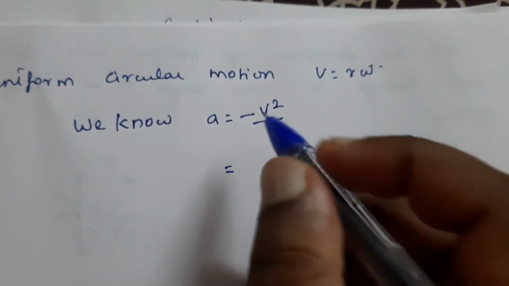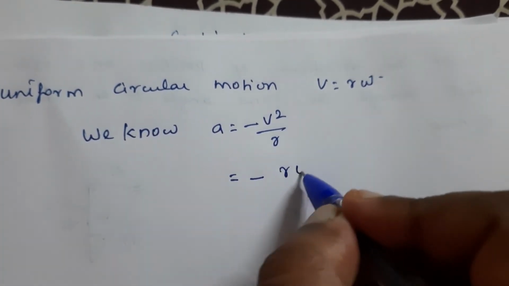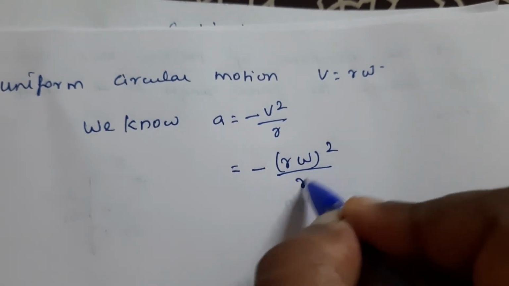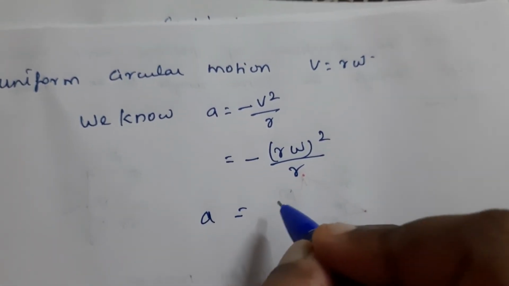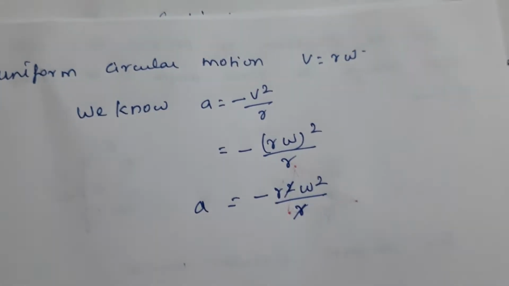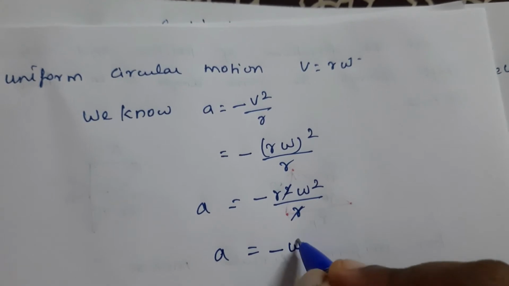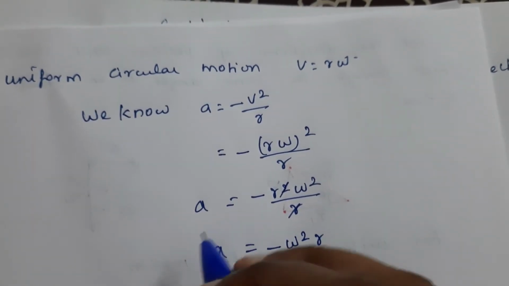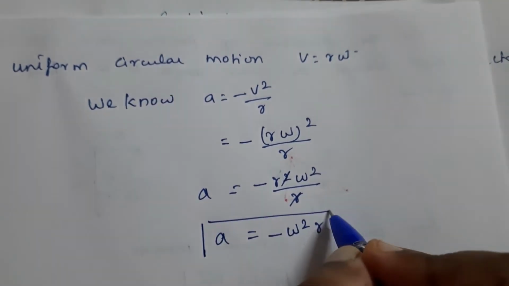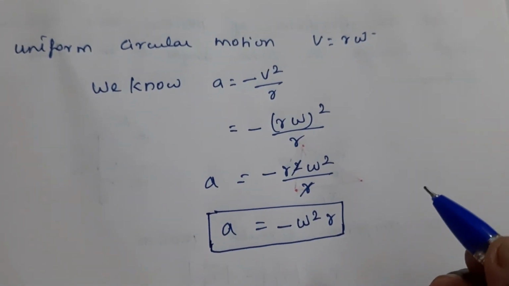Substituting for v as r omega, a is equal to minus r square omega square by r. One r and the other r get cancelled, so a is equal to minus omega square r. This is another relation for centripetal acceleration.